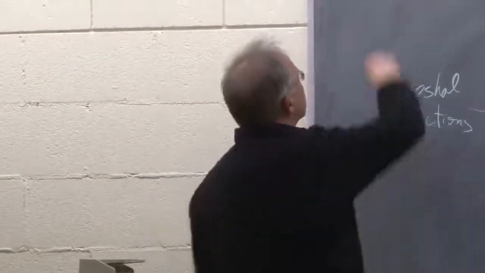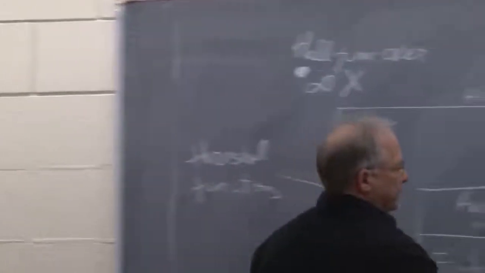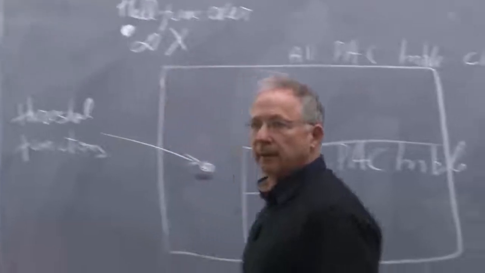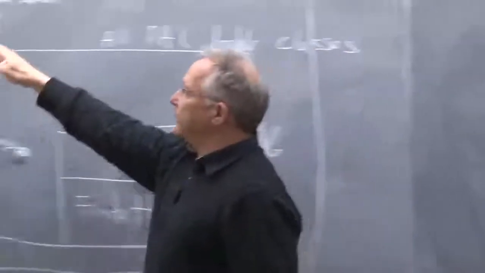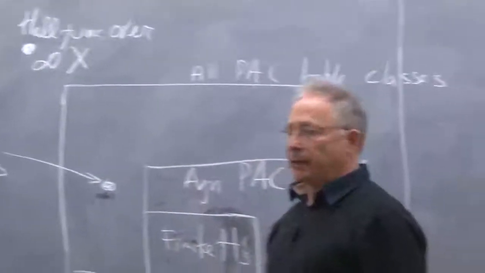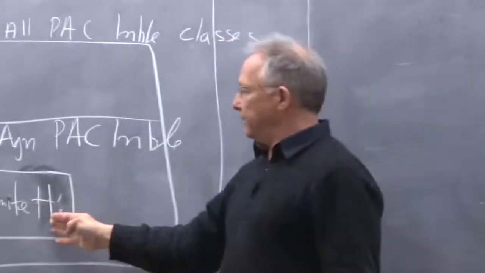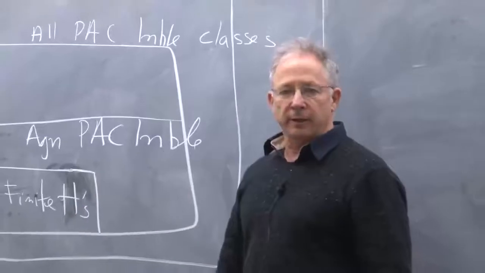So if I look at the space of all possible classes, I know that there is a class which is not even PAC learnable. I know that there is an infinite class which is PAC learnable. Every finite class is even agnostically PAC learnable.